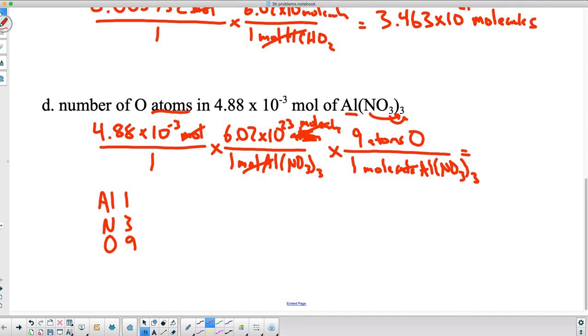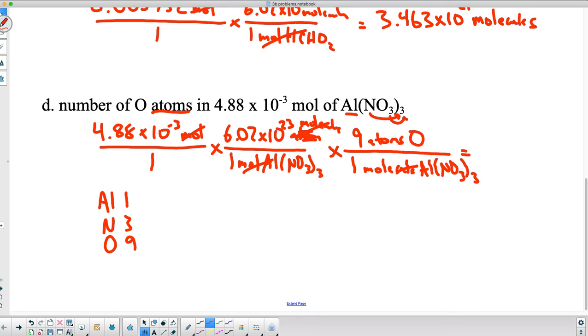Okay, I tell you what, I want you to try it, make sure you do it. So 4.88, but I want to see, make sure that you're getting the right answer. So I multiply this times Avogadro's number, which is 6.02 EE23, equals, and then times 9.